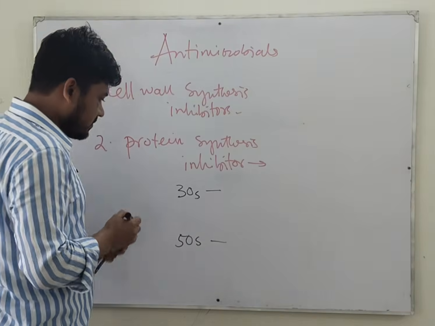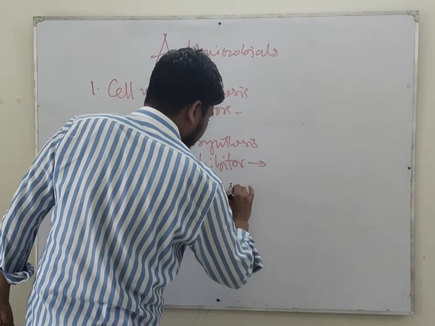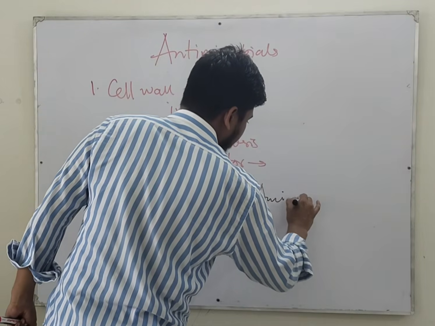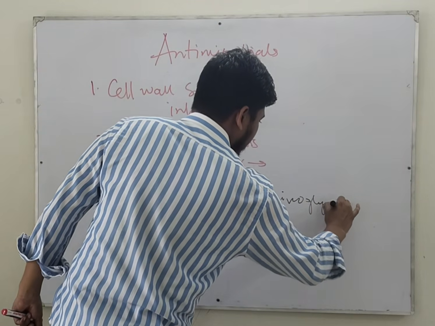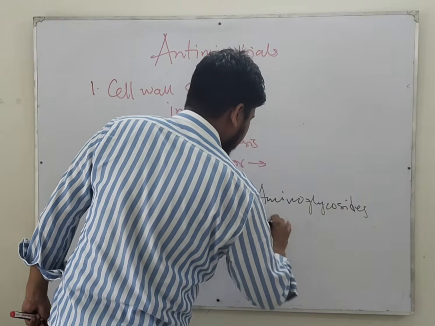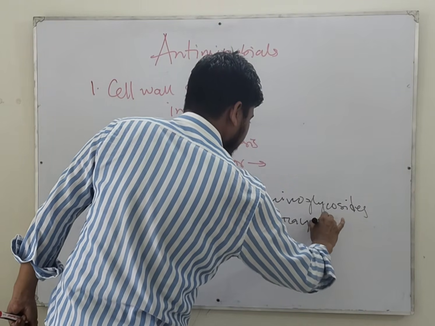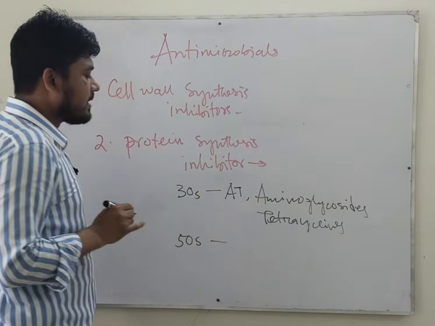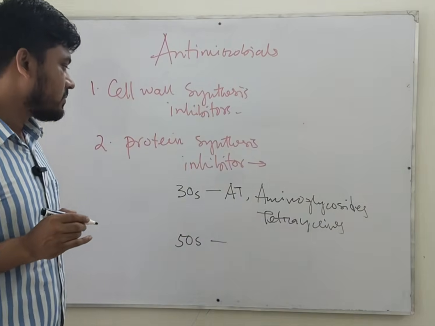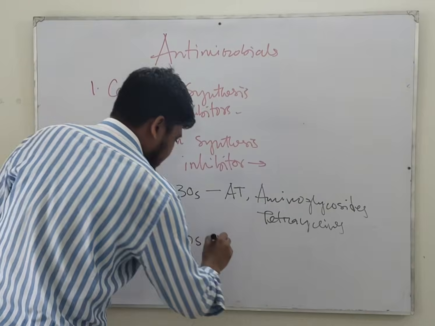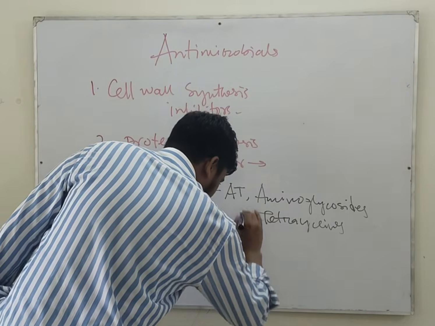For the 30S subunit, remember AT: A for aminoglycosides, T for tetracyclines. For the 50S subunit, remember some antibiotics that start with the alphabet C.